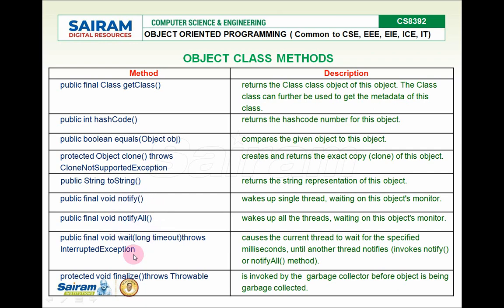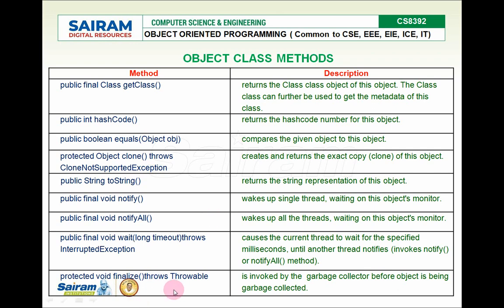So notify, notifyAll and wait are the methods used in multi-threading. And finalize is the method used to clear up the unused object. After all the work has been completed by the object, there is no more need of the object. In that case, the object's memory is supposed to be revoked.